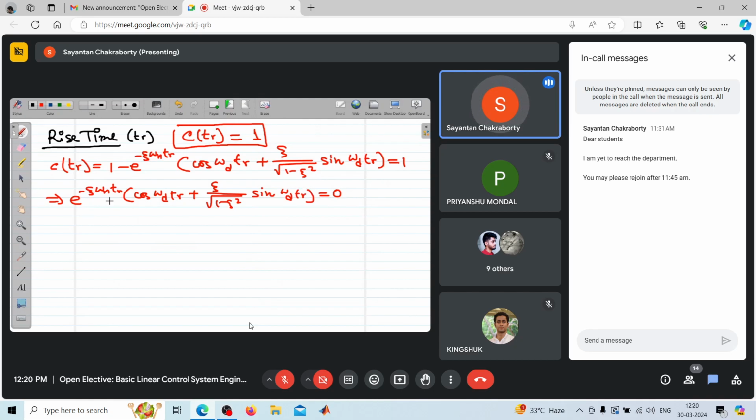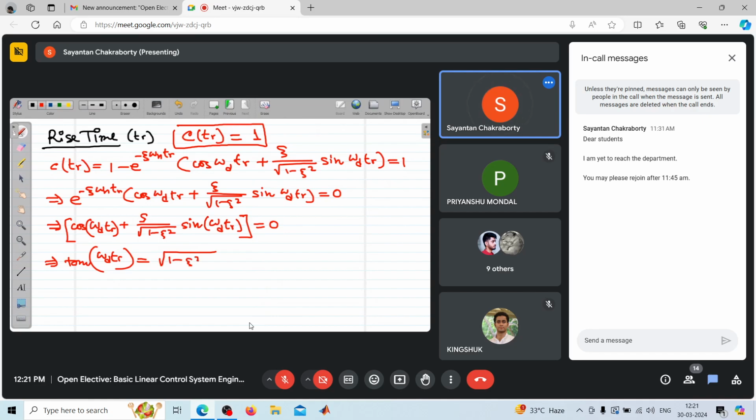Since this exponential function can never be 0, we can write tan of omega d tr is equal to root over 1 minus zeta square by zeta.